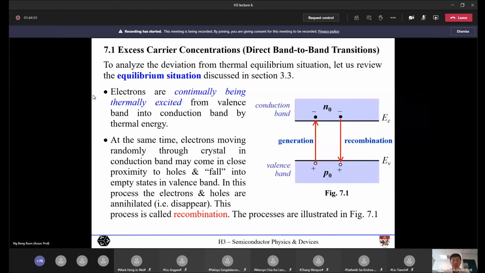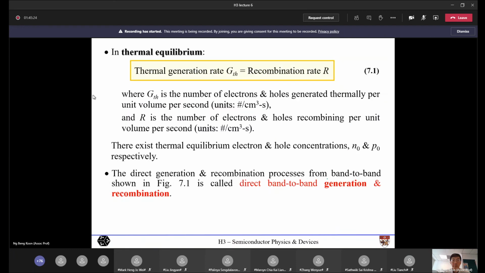This is always there, regardless of whether you have any external influence or not, whether you have an electric field or a different temperature. You have generation produced due to the thermal effects of temperature, and the recombination process, which is a natural process where the carriers tend to recombine, because if they see one another, there's a chance that they'll recombine.